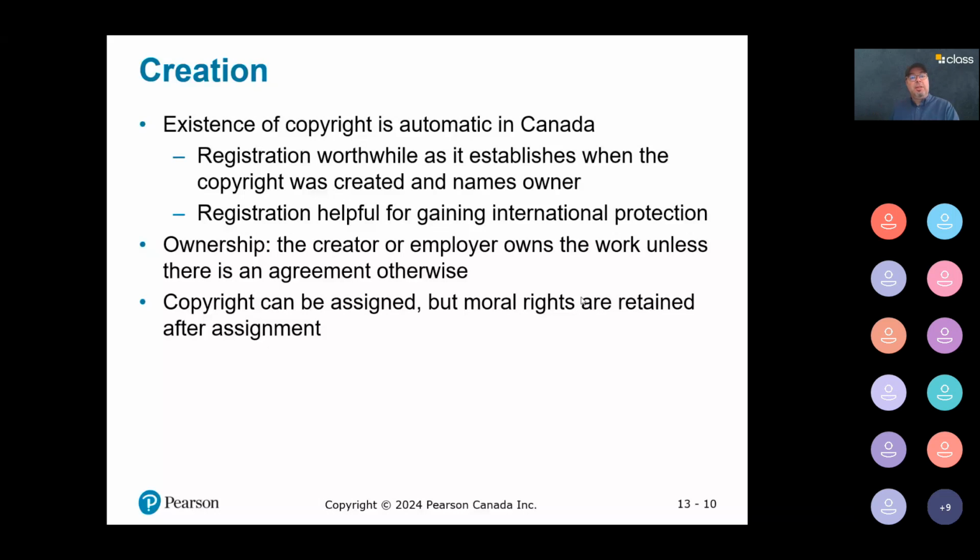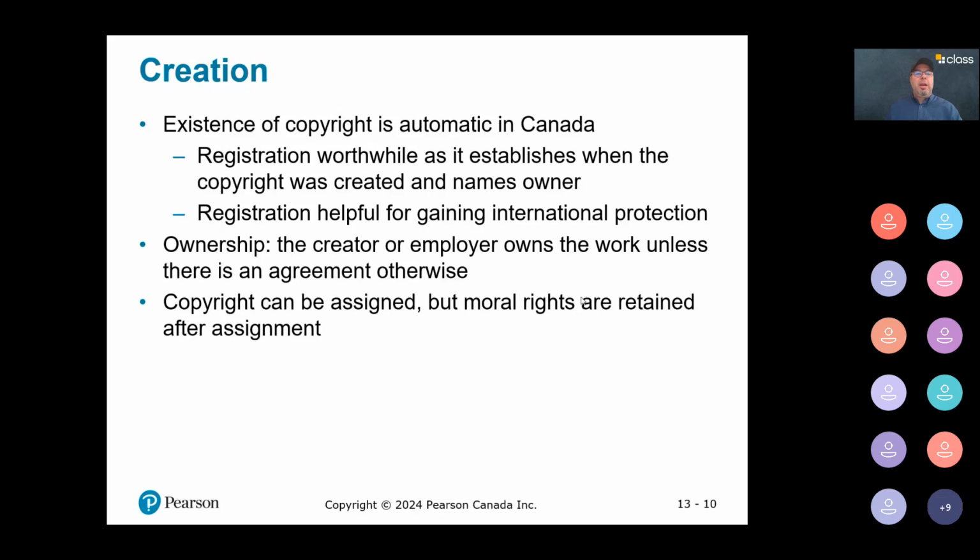Now, if it's registered, because of international convention, the Berne Convention, countries that are signatories to that Berne Convention, they also afford protection for Canadian copyright. In other words, when you register copyright in Canada, you get some type of international protection. And I say some type because it's only with countries that are signatories to the Berne Convention. So it's not worldwide, but many countries.